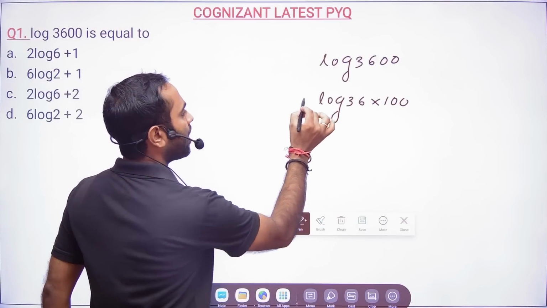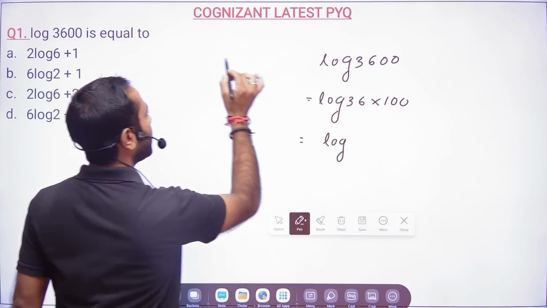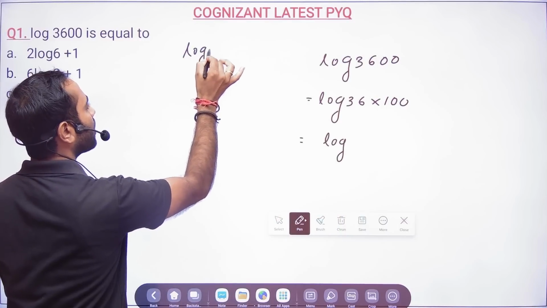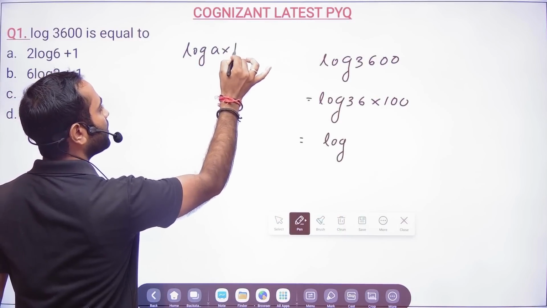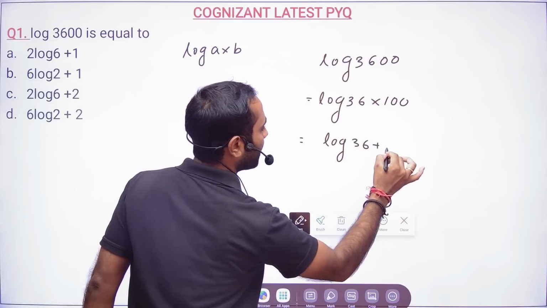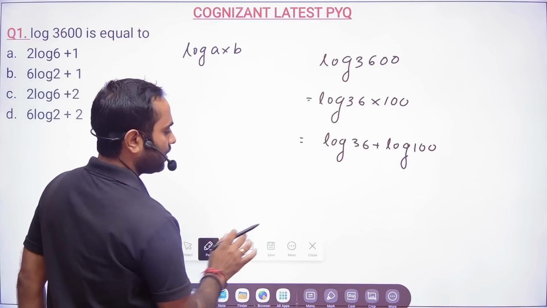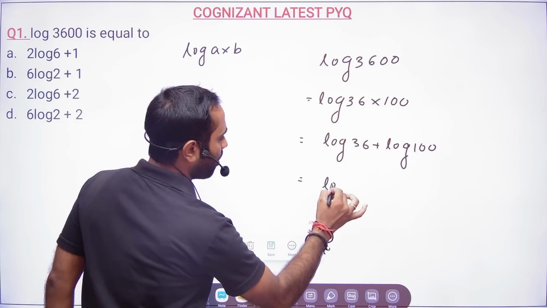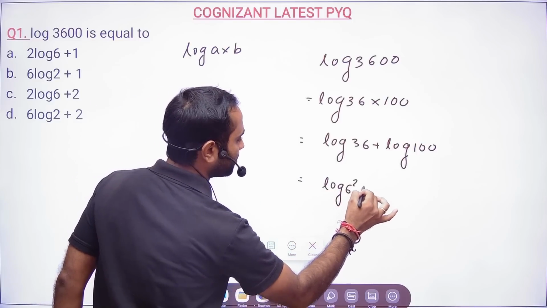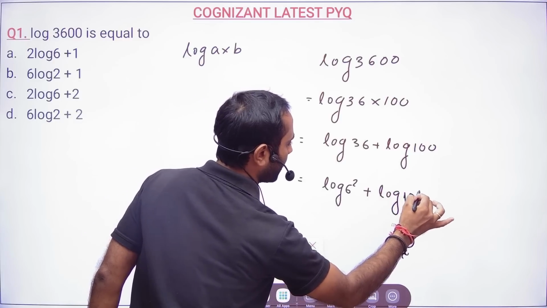Now the properties of logarithm say that if you have log a into b, then you can write log a plus log b. Now here log 36 we can write as 6 square, and log 100 we can write as log 10 square.